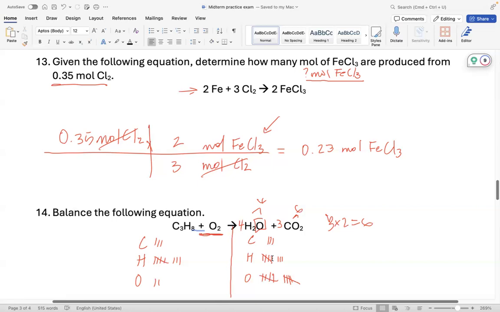Since it's O2, if I take half of 10, that's 5. So 5 times 2 equals my 10. All right, so I'm now balanced. I have 3 carbons, 8 hydrogens, 10 oxygens.